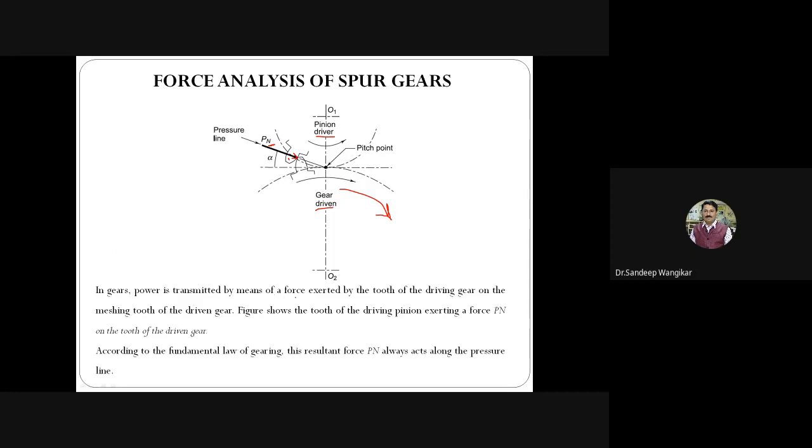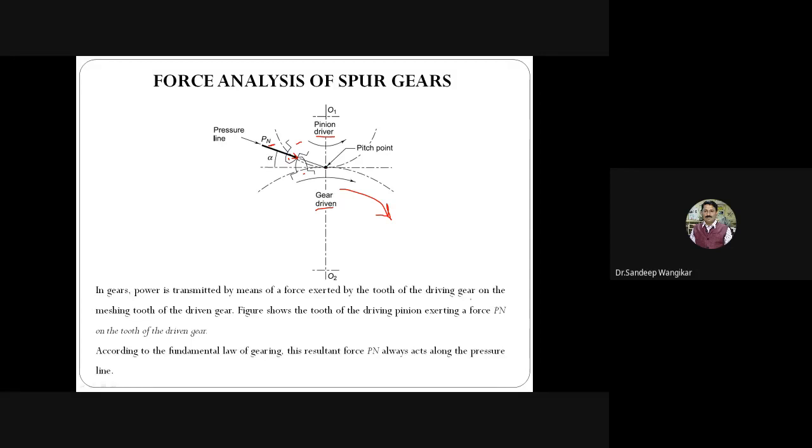In gears, power is transmitted by a force exerted by the tooth of the driving gear on the meshing tooth of the driven gear. I am explaining this. See the cursor: this is the tooth of the driving gear and this is the tooth of the driven gear.